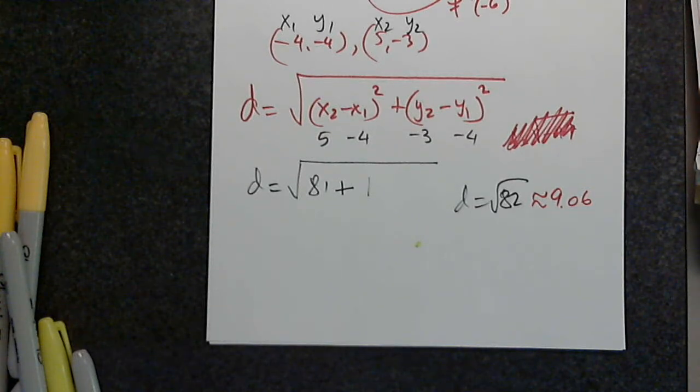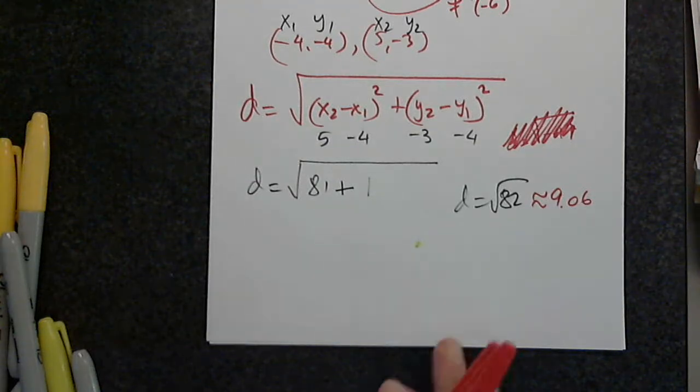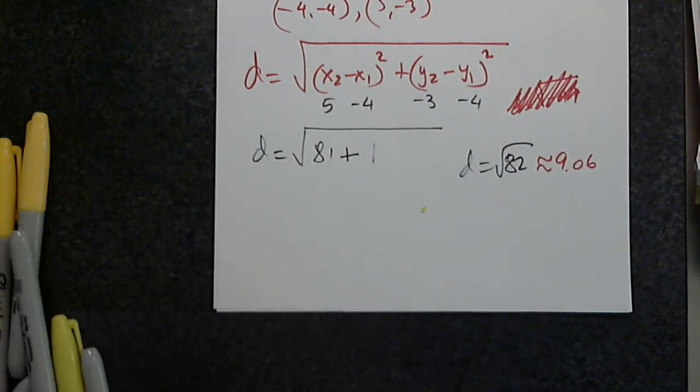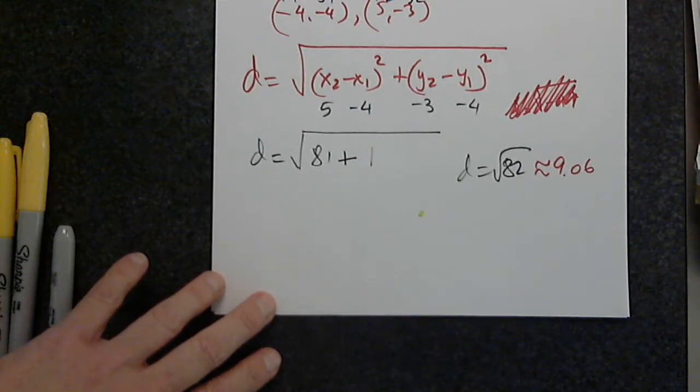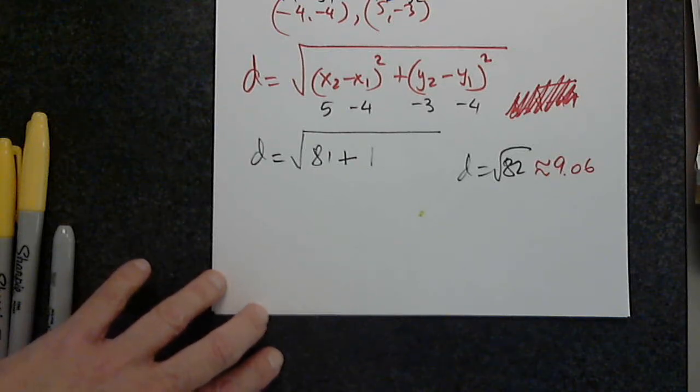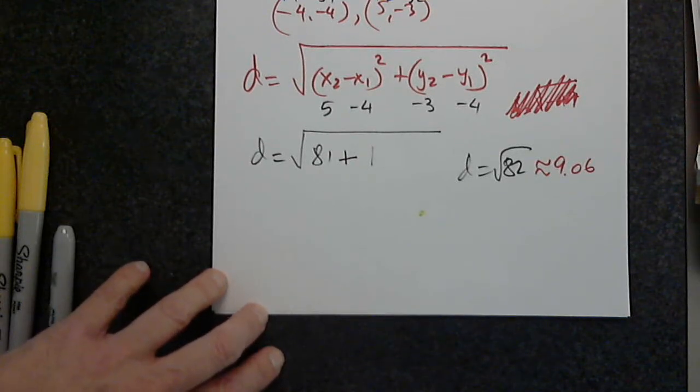Hold on, why don't you put 9 plus 1? Very good question. Did you say that? Yes, it's a very good question. Let me explain the answer. Why didn't I write the square root of 81 plus the square root of 1?